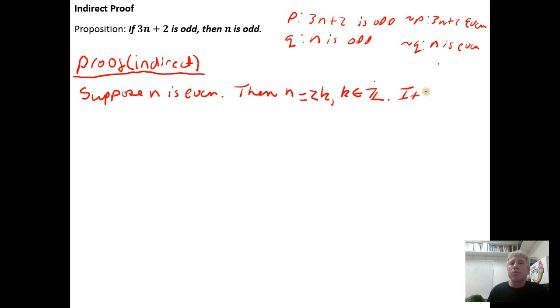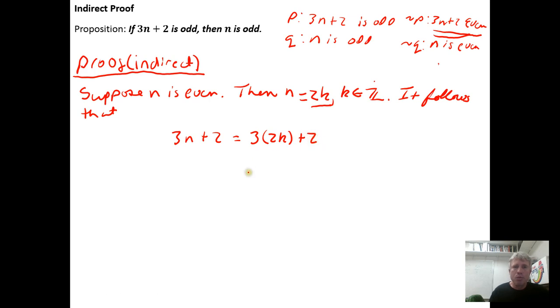It follows, now we're going to do some math. We want to show that if n is even, 3n plus 2 is even. So let's take 3n plus 2 and replace the n with the multiple of 2 form that we have, so we get 3 times 2k plus 2.